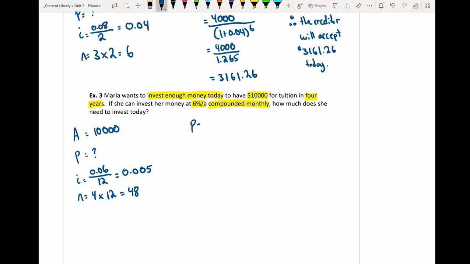So from here, I can just start with my formula. P equals A divided by 1 plus I to the power of N. I have $10,000 divided by 1 plus 0.005 to the power of 48.